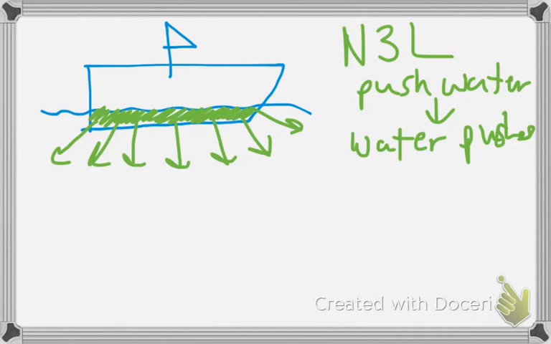Well, obviously the ship is bigger. It has much, much more mass, but it's not all about the mass. It's about how much of this water it's pushing out of the way. So this volume of water that it had to push out of the way is much bigger for the ship than for the rock.